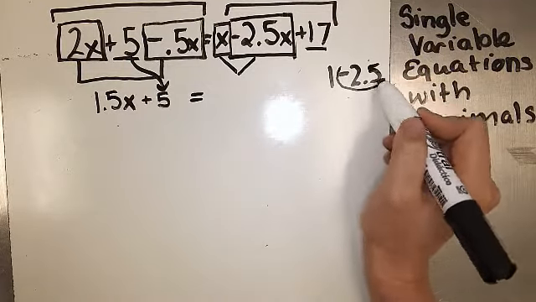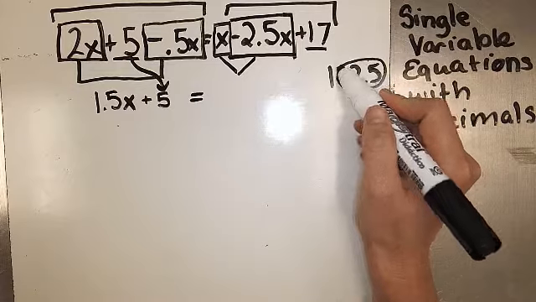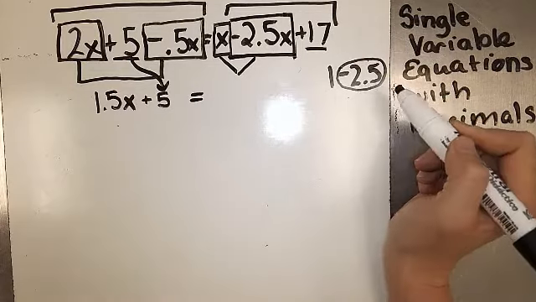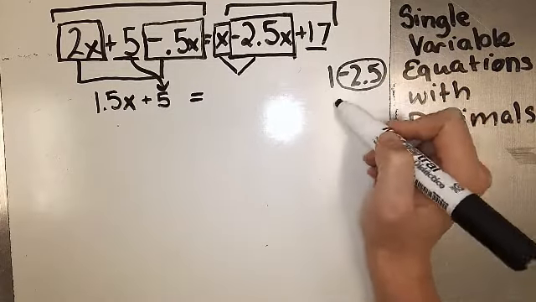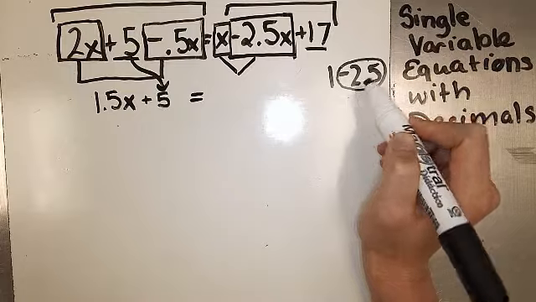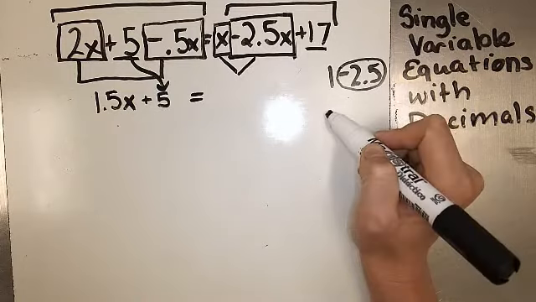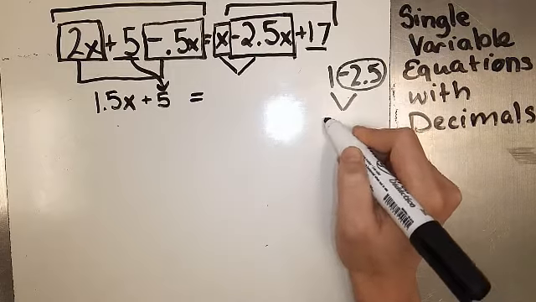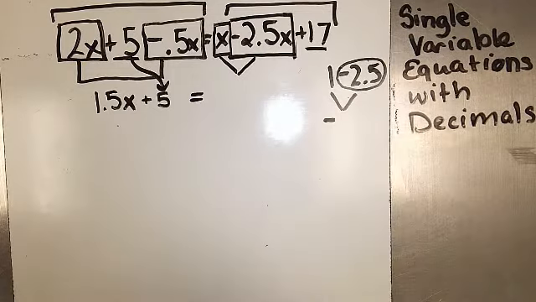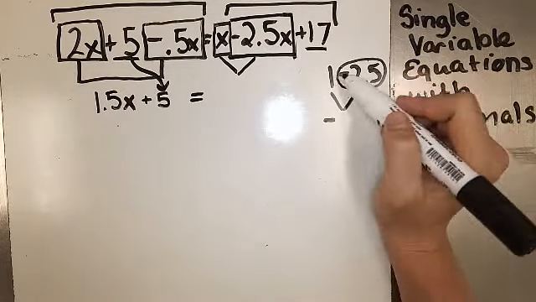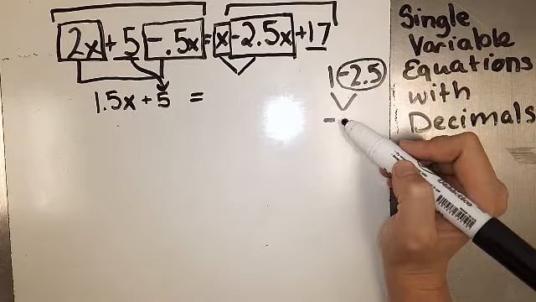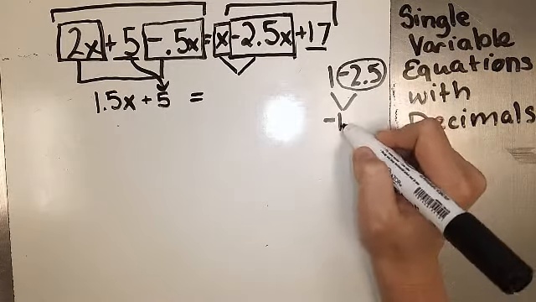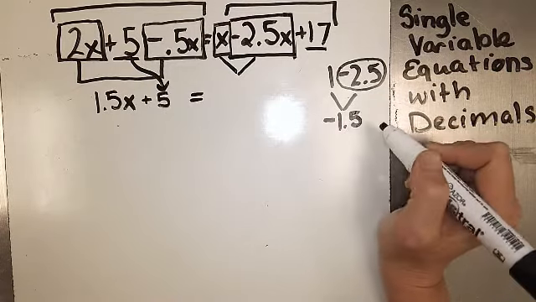Now what I notice here is the negative 2.5 is a value further away from 0. So because it's a value that is larger, I'm going to know that my combined total is going to be a negative total. So 1 minus 2.5 is going to give me negative 1.5.